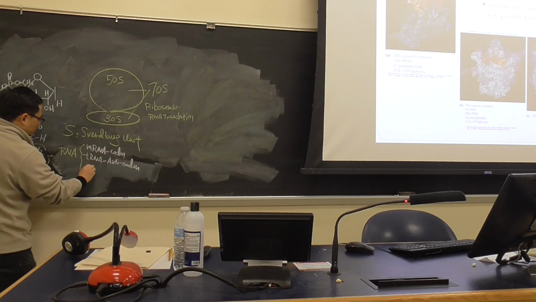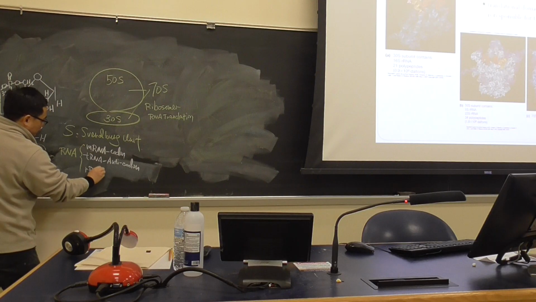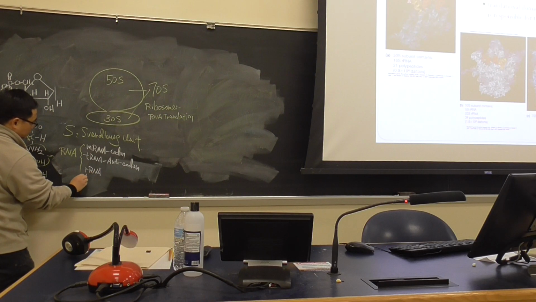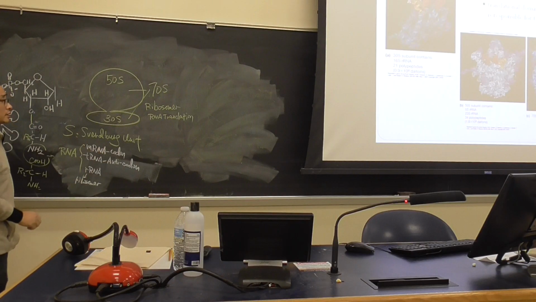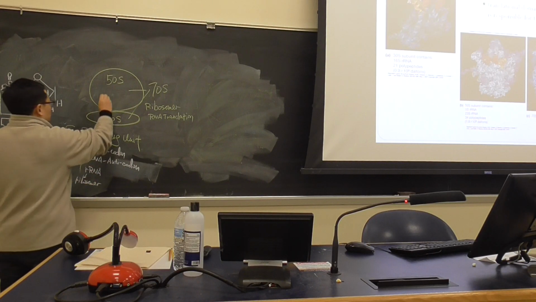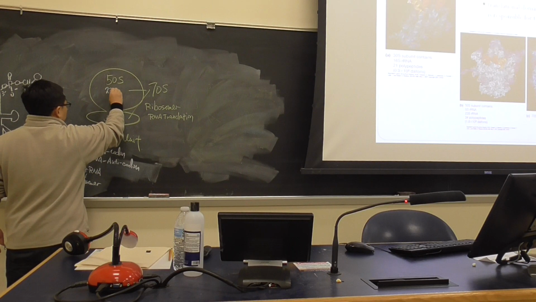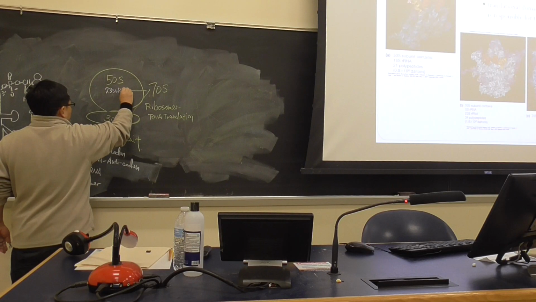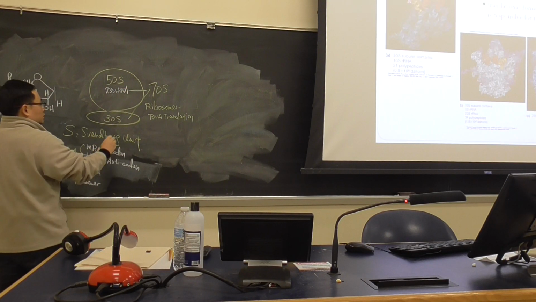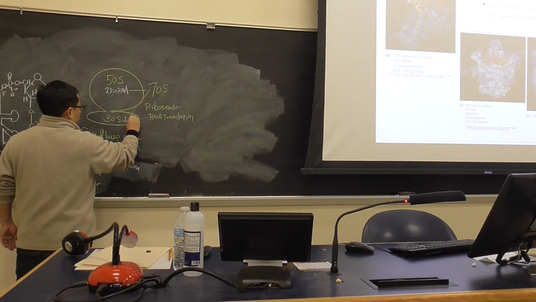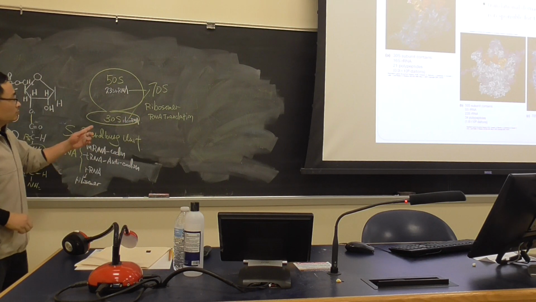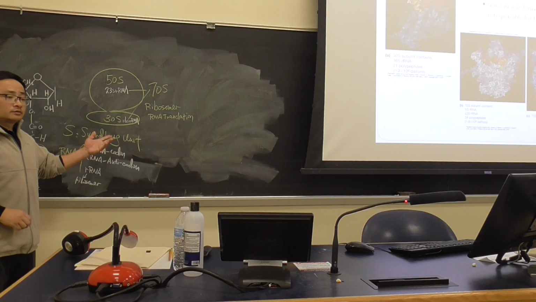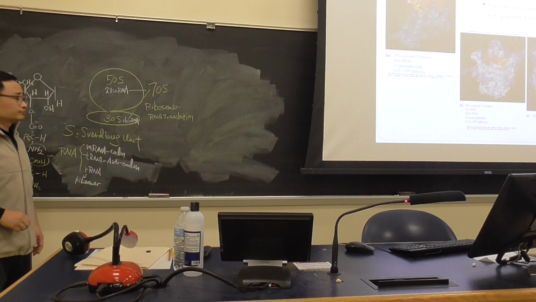And we also talk about rRNA. What does R mean? That's ribosomal RNA. So for the 50S, there's one called 23S rRNA. And in the 30S, there's one called 16S rRNA. Those are important for translation.